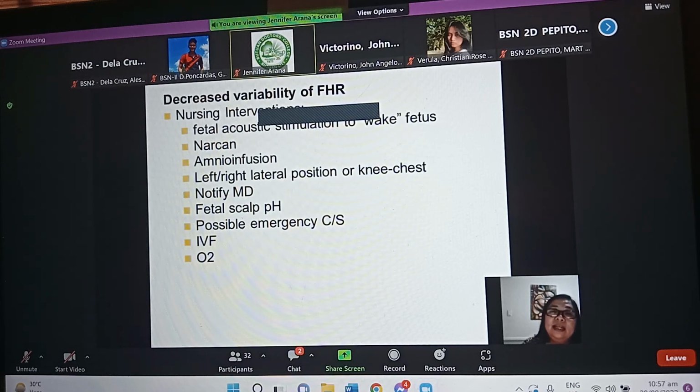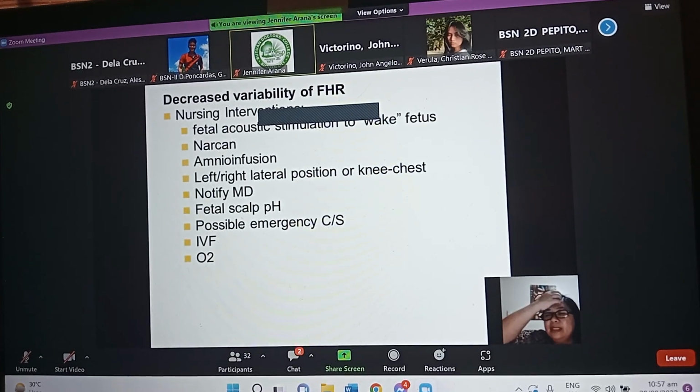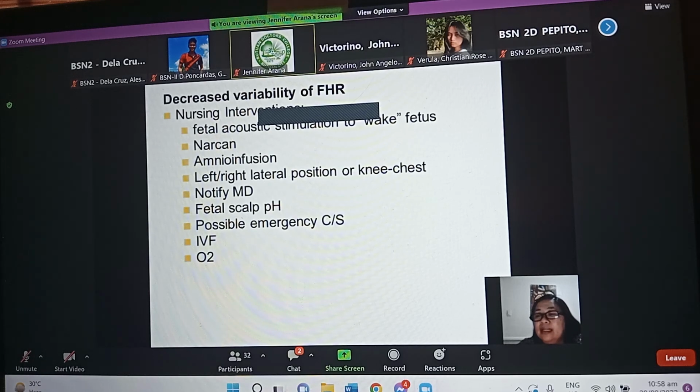And ang resulta niya, pagmukuratan ang fetus, so there will be fetal movements, cardio acceleration, and alterations in respiration. Okay. Another nursing intervention is Narcan. Giving of Narcan rather. Narcan counteracts the life-threatening depression of the central nervous system and the respiratory system.